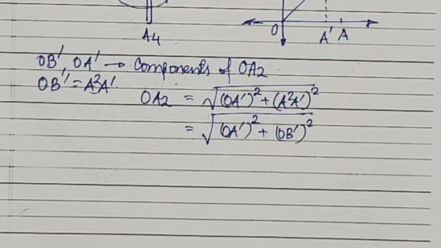So basically OA2 is now divided into two mutually perpendicular components which result into OA2 as a vector.